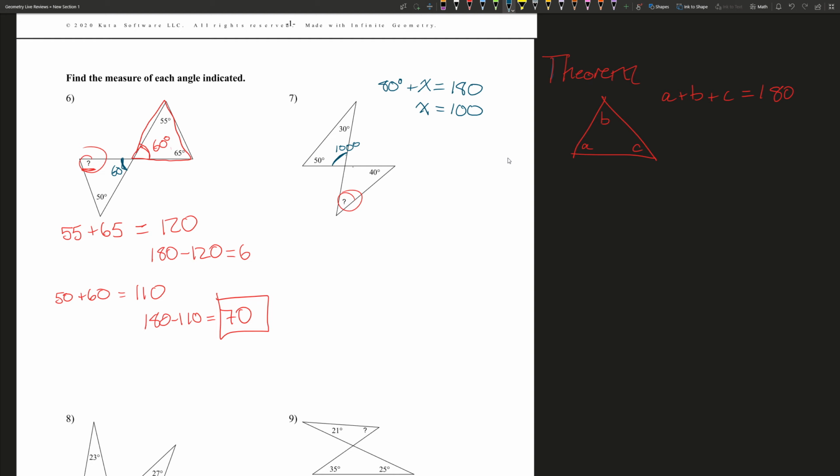Which means that this angle is also equal to 100 because those are vertical angles. So now we have a 100-degree angle, a 40-degree angle, and some other angle, all three of which have to sum to 180. So 100 plus 40 plus our unknown should equal 180. And then we just solve.